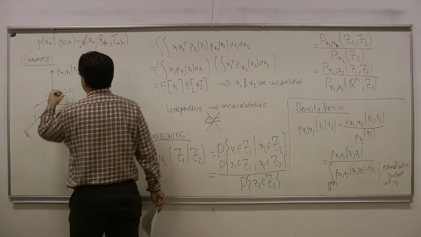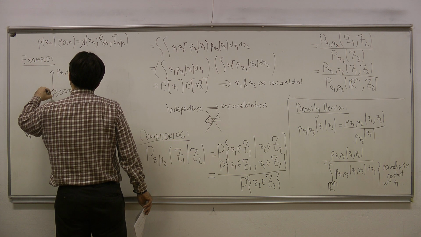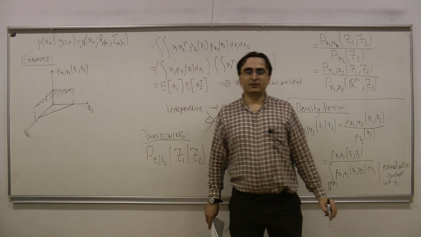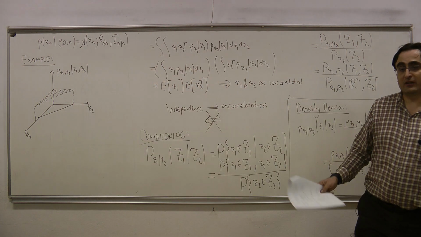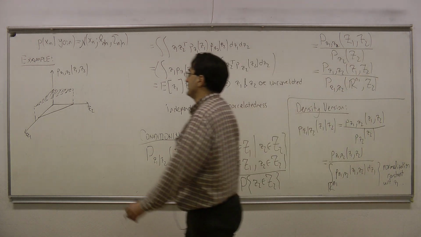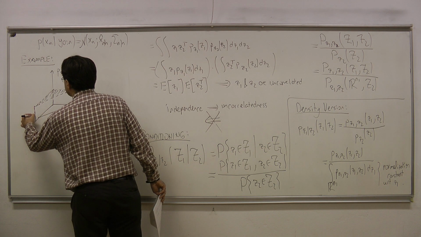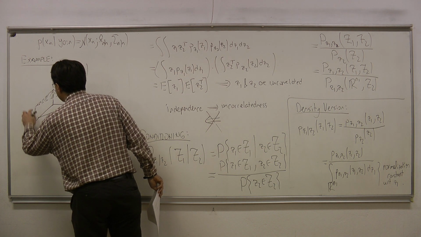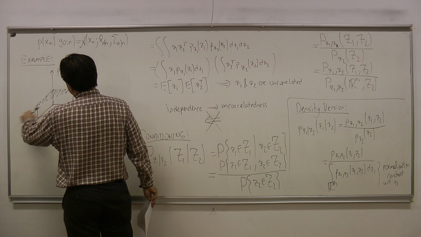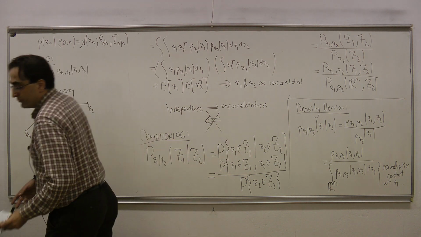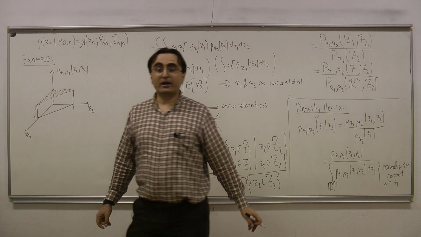On this triangle, the PDF is uniform, which means that on this triangle it is all equal. It has all equal values. Sorry for my drawing skills here. So on this triangle we have equal values, and it is 0 everywhere else.